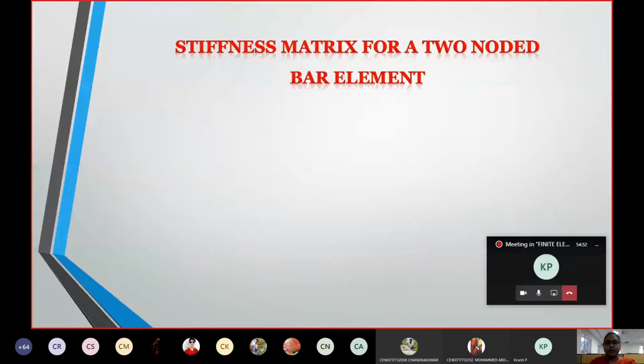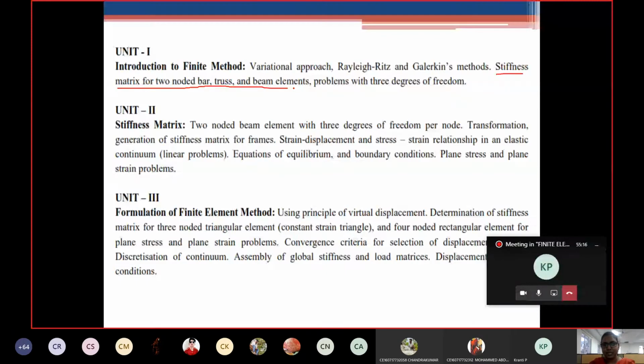Before going for stiffness matrix, why we are starting with it is, I have given you in your first class itself. See, this is your unit 1. In your unit 1, we have stiffness matrix for a two-noded bar, two-noded truss, and a beam element.